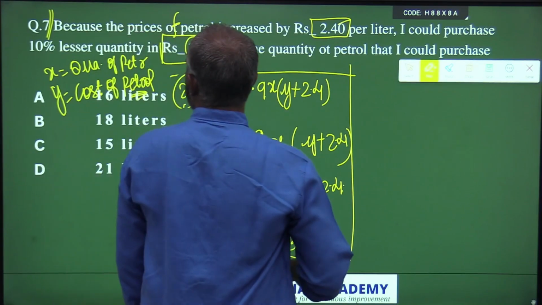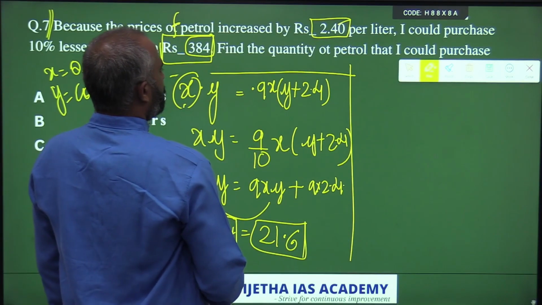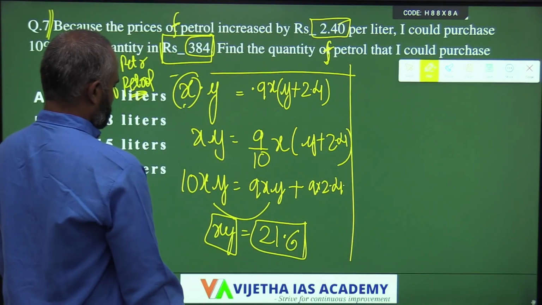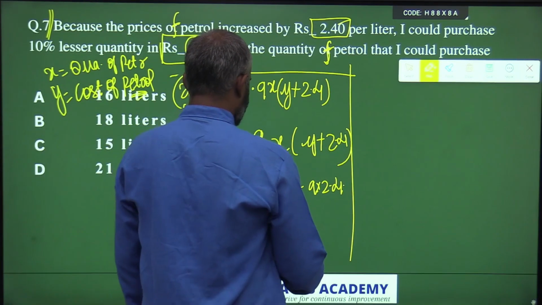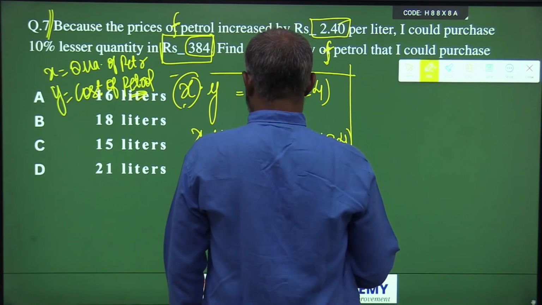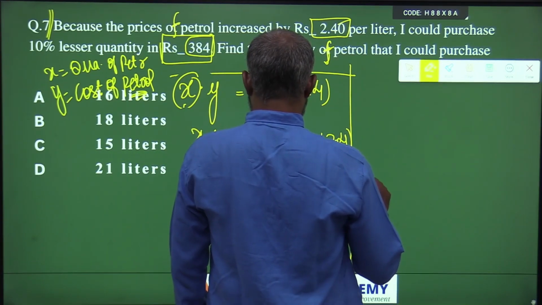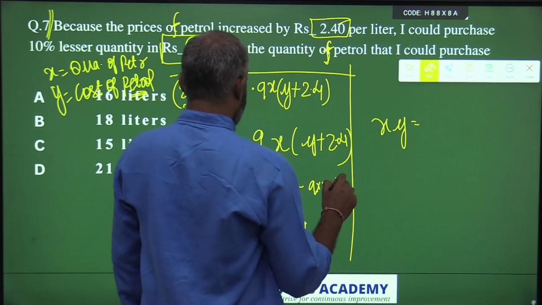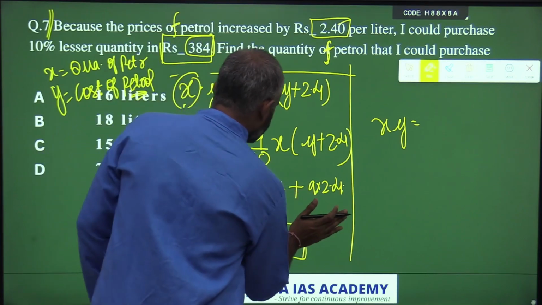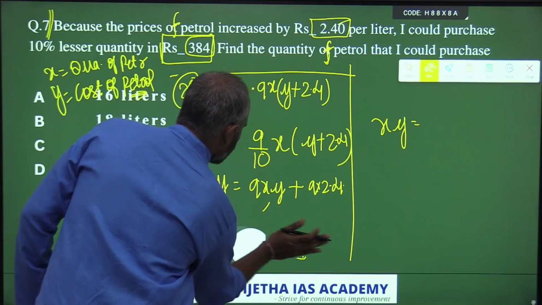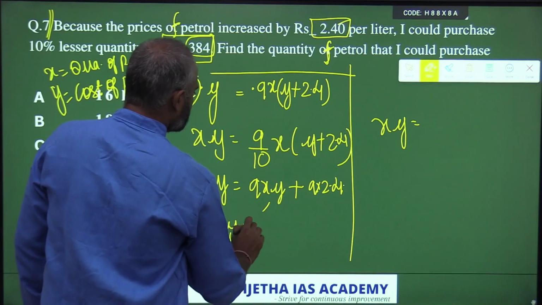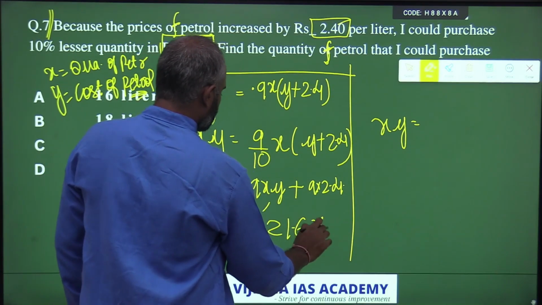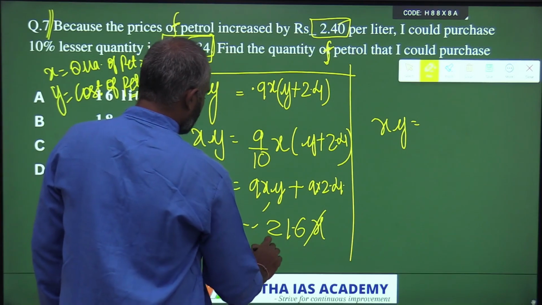I forgot this x: xy equals 21.6 into x, so x effectively gets cancelled, and y is equal to 21.6.